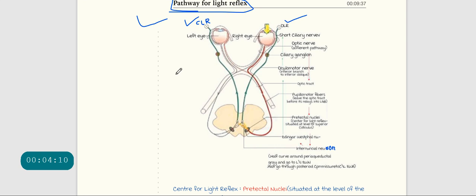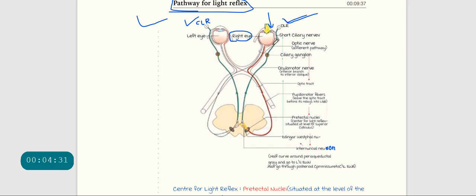We'll discuss the direct light reflex first. In the direct light reflex I am throwing the light on the eye. Which eye is this? This is the right eye. So I'm directly throwing the light on the right eye.